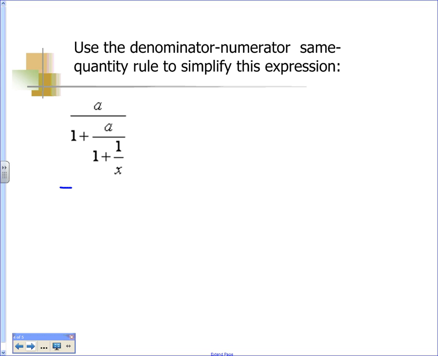You still want to start from the bottom. So where does that mean that you want to start? 1 plus 1 over x. So everything else stays the same. What would it become?